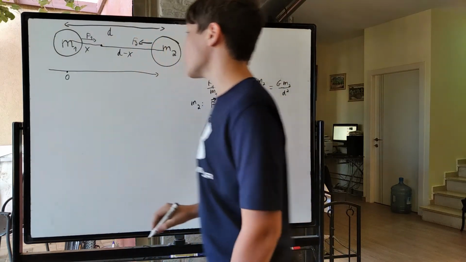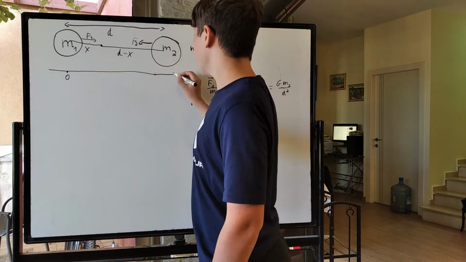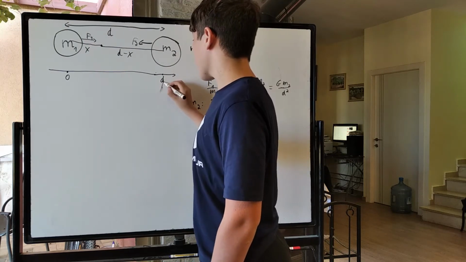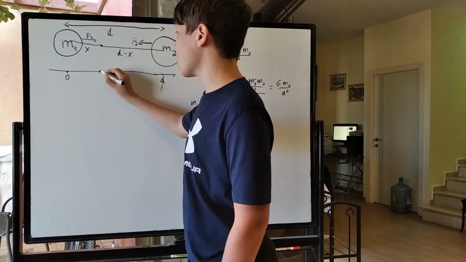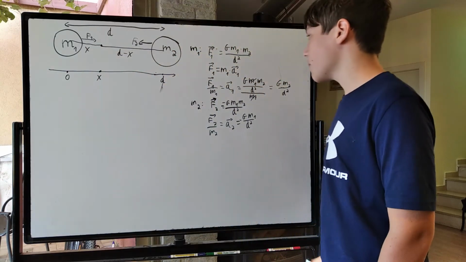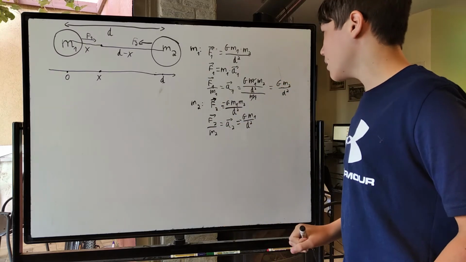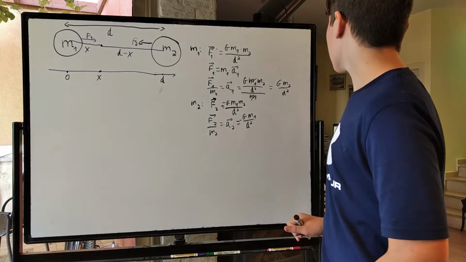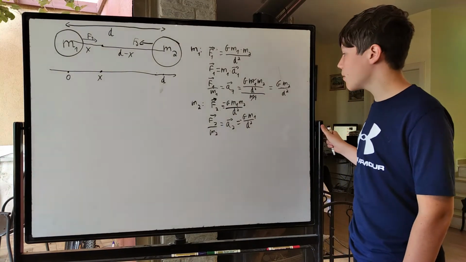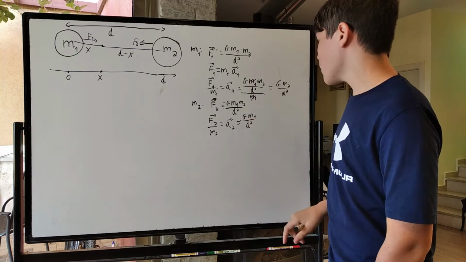We'll define it here, just so it's all simpler. Which will also mean that this point for m2 is d, because this distance is d, and the point where they're going to collide is x, because this distance is x. And now we can start. So this is a1, G m2 over d squared, and this is a2, negative G m1 over d squared.